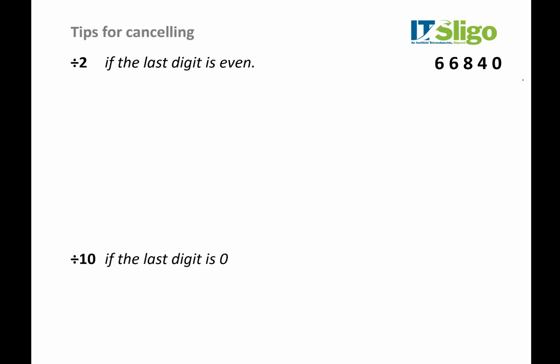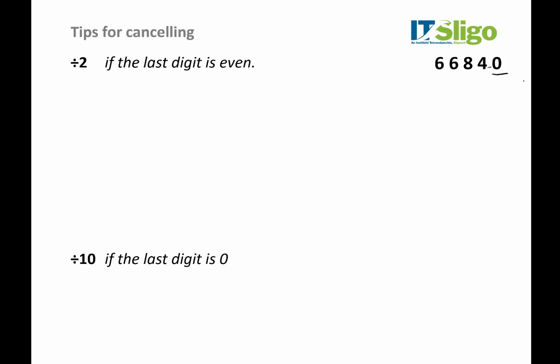So just a few tips, guys, that are handy to know. First of all, how do we know a number is divisible by 2? Well, it's fairly easy because the last digit is even. If the last digit is 2, 4, 6, 8 or 0, we know we can divide the whole number by 2. Another one everyone knows: how do we know a number is divisible by 10?